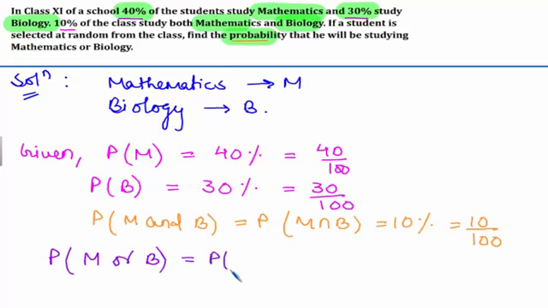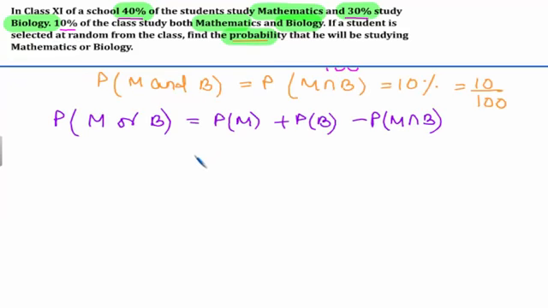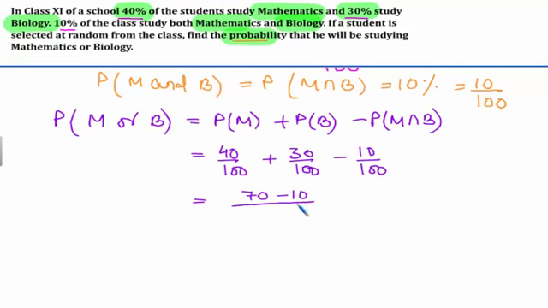So this is given by probability of M plus probability of B minus probability of M intersection B, and this is equal to 40 upon 100 plus 30 upon 100 minus 10 upon 100, which is equal to, in the numerator, 70 minus 10 divided by 100, which is equal to 60 upon 100, which is equal to 0.6.